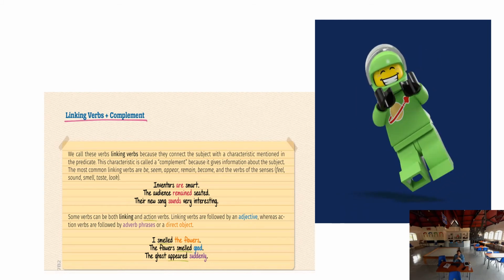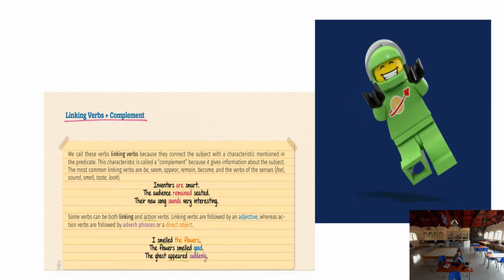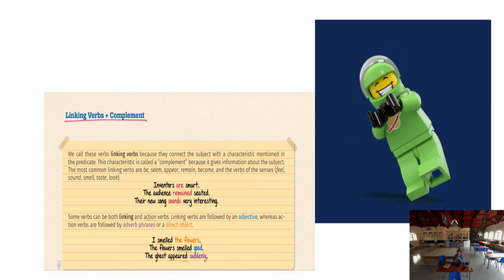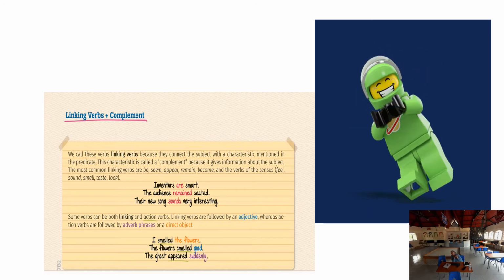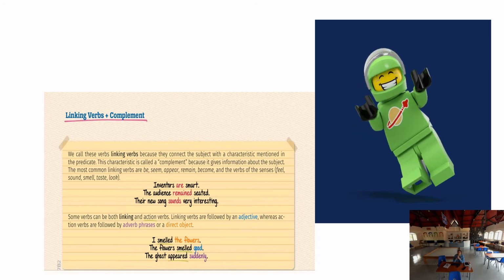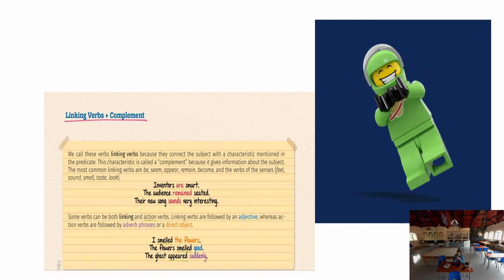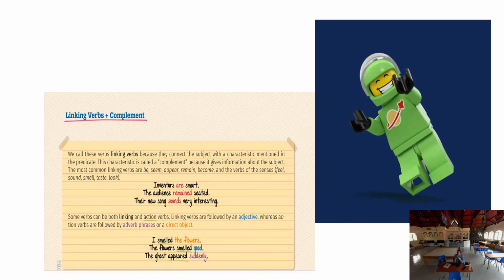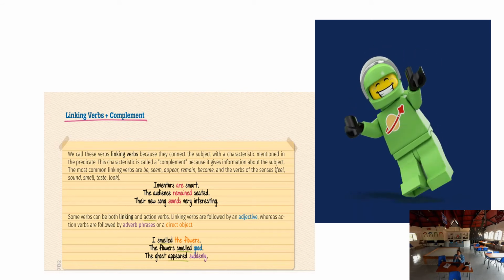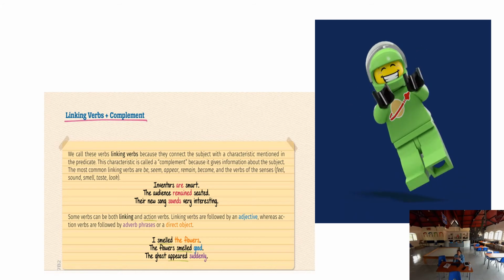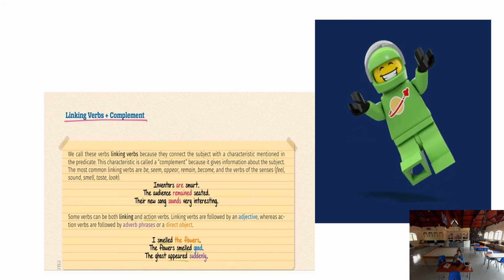The first one is an action verb because it's followed by a direct object. I smelled the flowers. That's telling me that it's not putting it together, but describing an action.